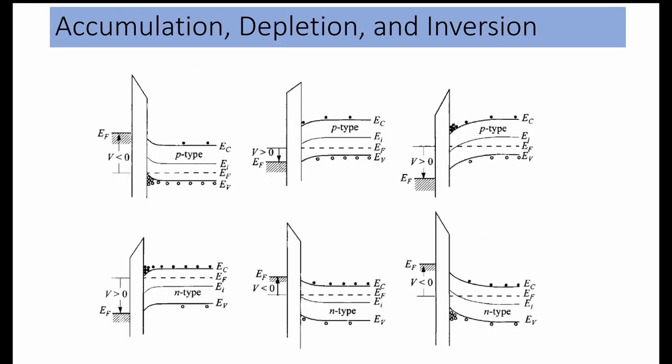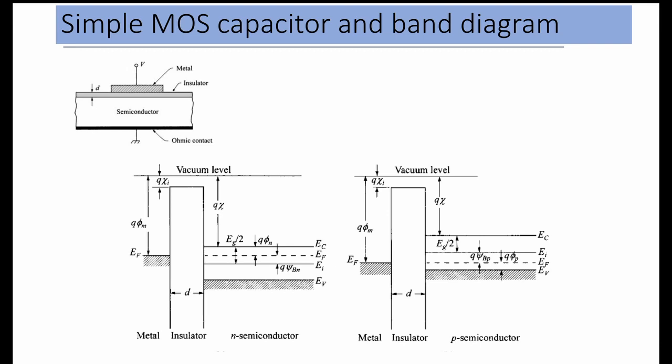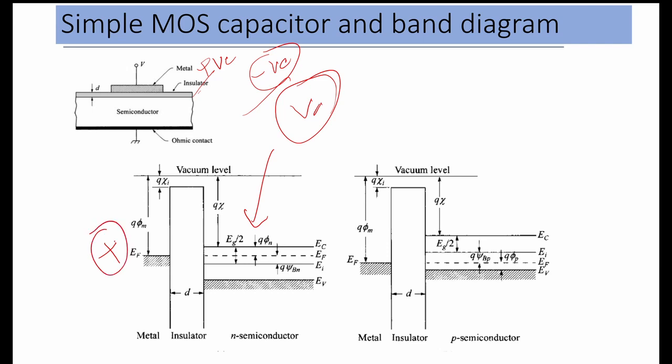Now we can see how the bands of this metal-semiconductor structure will behave with the application of positive and negative voltages at the metal.